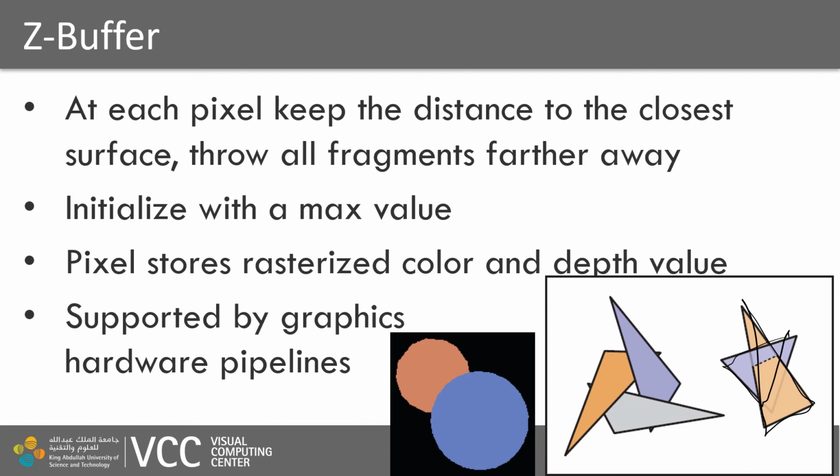To work this correctly, we first, of course, need to initialize the Z buffer with a big maximal value, and then each primitive is rasterized, and some of its pixels will be stored, and their color will be stored in the so-called frame buffer, and their depth will be stored in the Z buffer, and other pixels, which will be occluded, will be discarded.